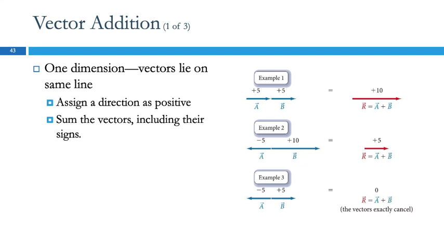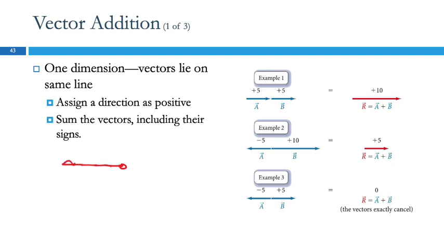Does that make sense? Here we have a vector with a magnitude of 5 that's going to the left, and a vector with a magnitude of 10 that's going to the right. So this is like plus 10 being added to minus 5. And the sum of that is also going to be non-zero. It's going to be positive 5. You could also think of that as being like, okay, so I'm starting here, and I'm going to go negative 5, 1, 2, 3, 4, 5, and then I'm going to go positive 10.